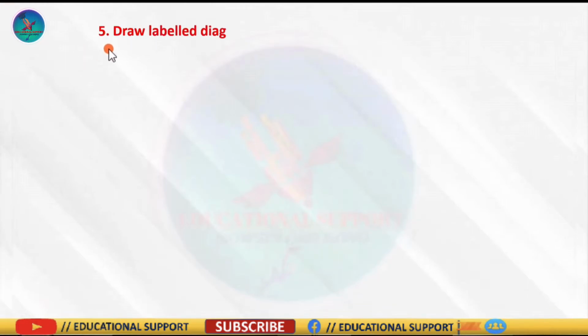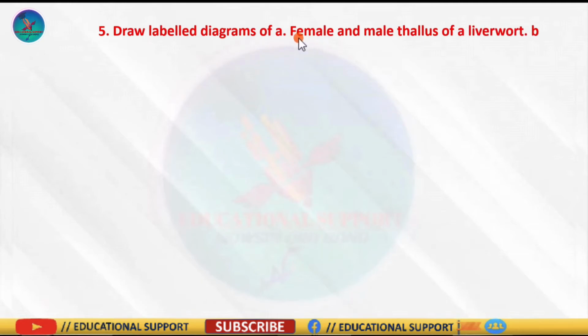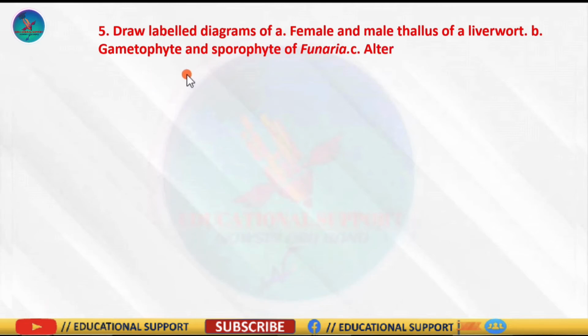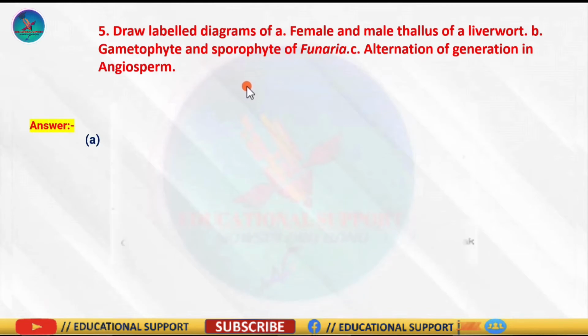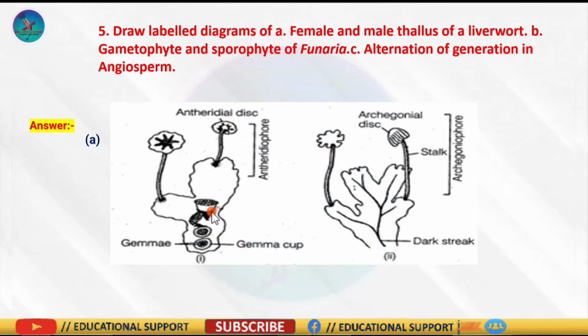Question number 5: draw labelled diagrams of female and male thallus of a liverwort, gametophyte and sporophyte of Funaria, and alternation of generation in angiosperm. This is a male thallus of Marchantia polymorpha, and this is a female thallus of Marchantia polymorpha.